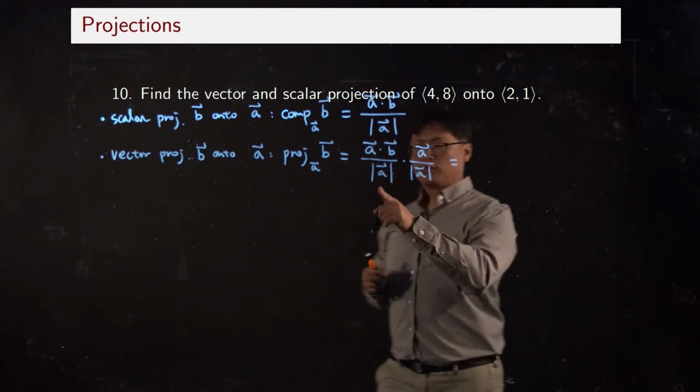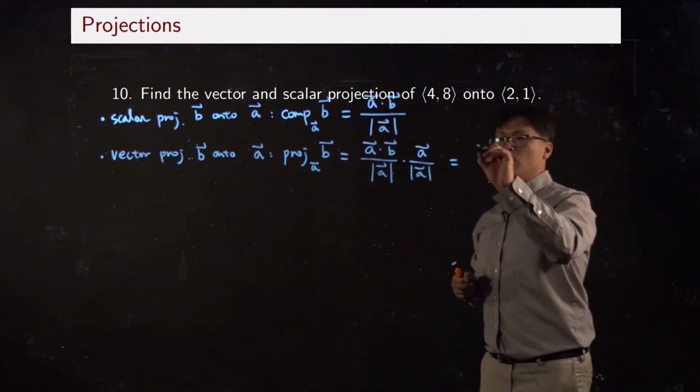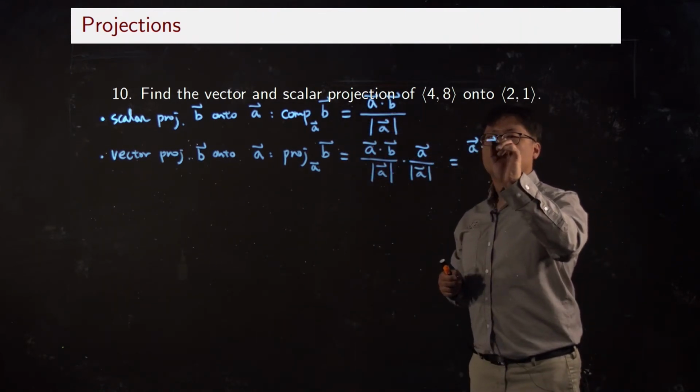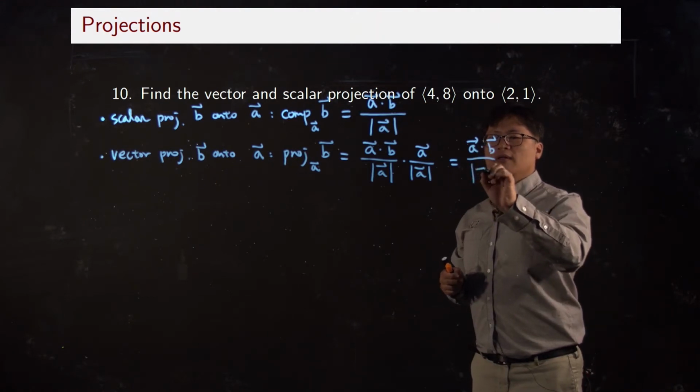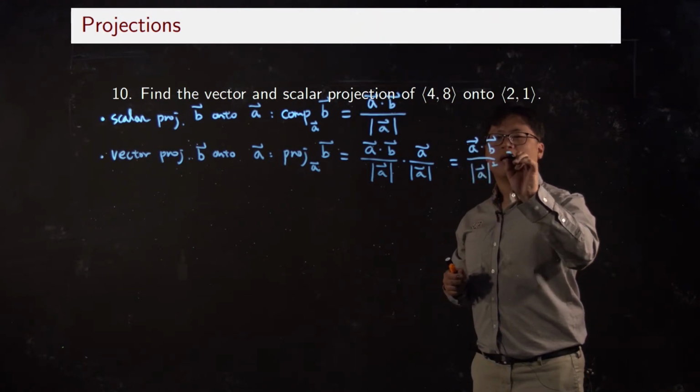Because you have the same thing in the denominator, it will be A dot B over the length of A squared, times the vector A.